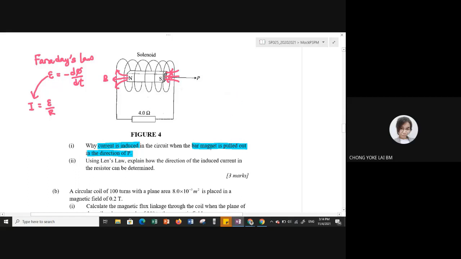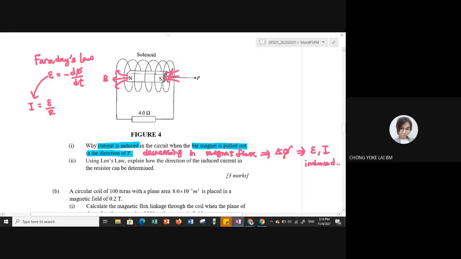Okay, when the magnet bar is pulled out, there is a decrease in magnetic flux. So there will be a change in magnetic flux. That's why we are going to have current or EMF induced.